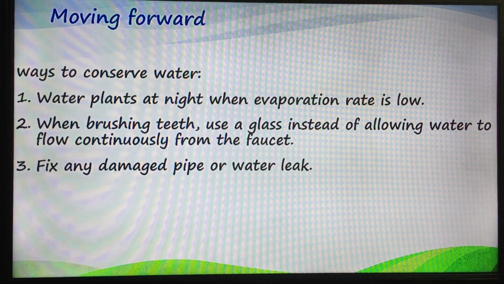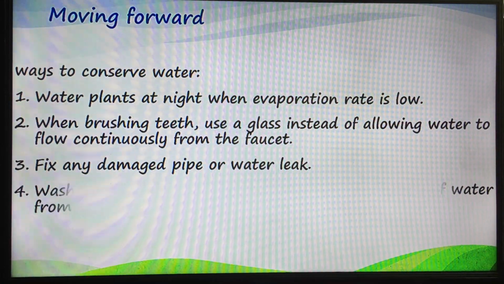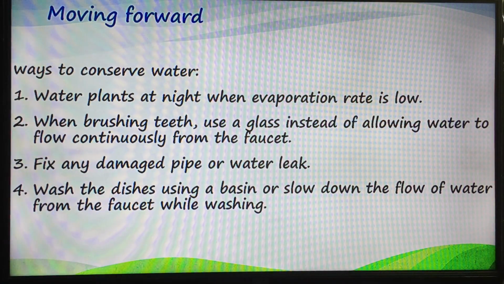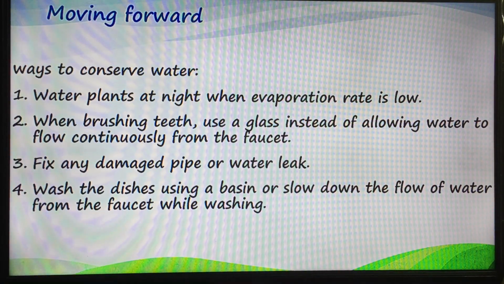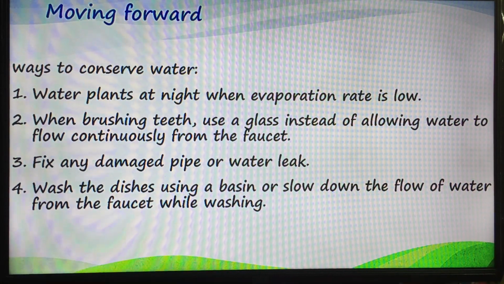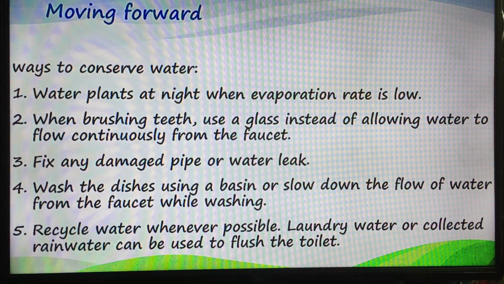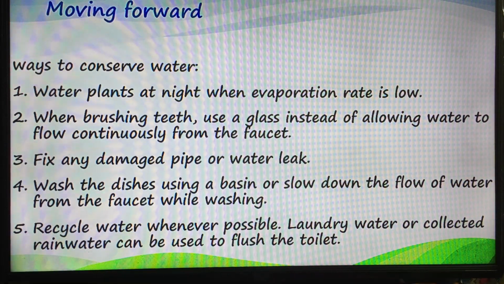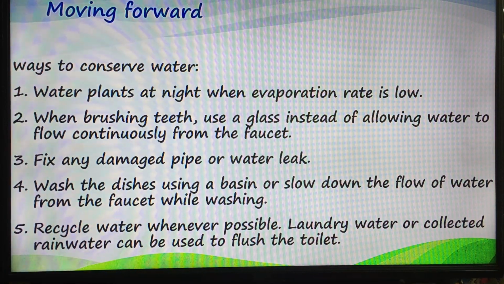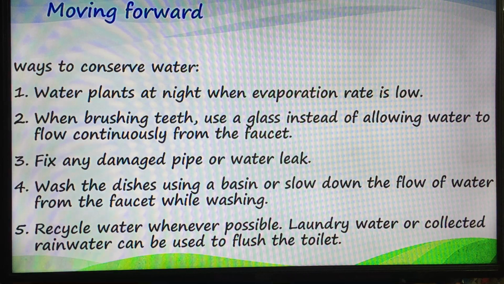Next, fix any damaged pipe or water leak. Next one, wash the dishes using a basin or slow down the flow of water from the faucet while washing. And then, recycle water whenever possible. Laundry water or collected rainwater can be used to flush the toilet.